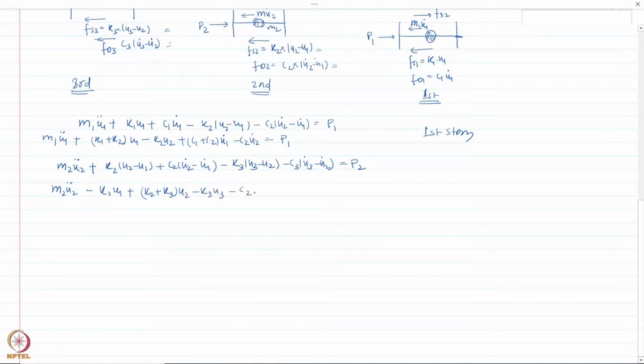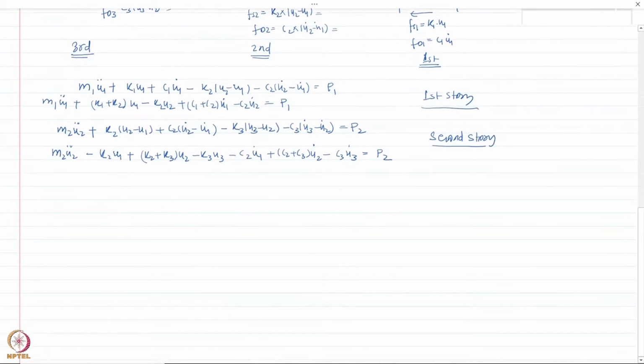And then I'm going to write the damping terms: minus c2 times u1 dot, plus c2 plus c3 times u2 dot, minus c3 u3 dot, equal to p2. So this was for the second story.